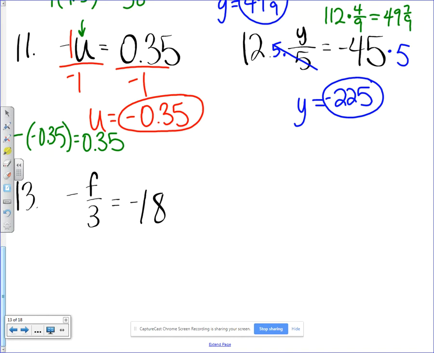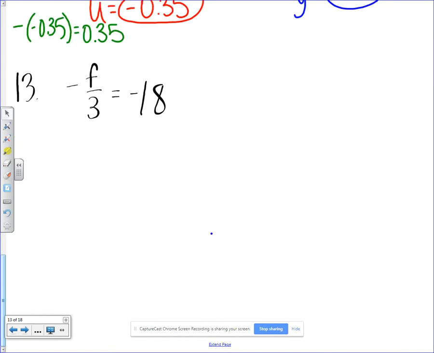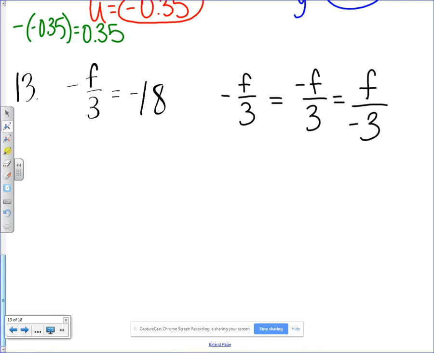And I want to kind of explain a little bit on this one. You'll notice that negative sign. Now, I've put that negative sign right out front of that fraction. You need to understand that this fraction is the same as this fraction is the same as this fraction. All three of those things are the same. You can put the negative out front, you can put the negative in the numerator, you can put the negative in the denominator.